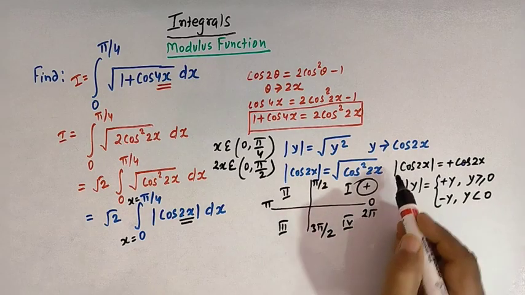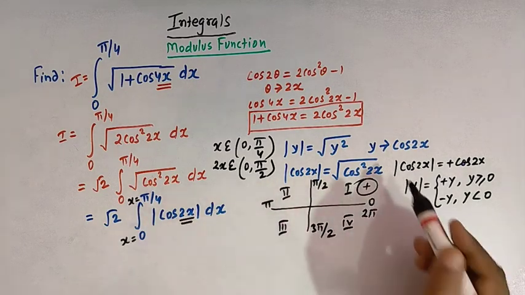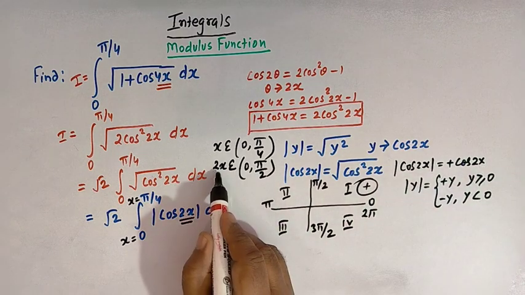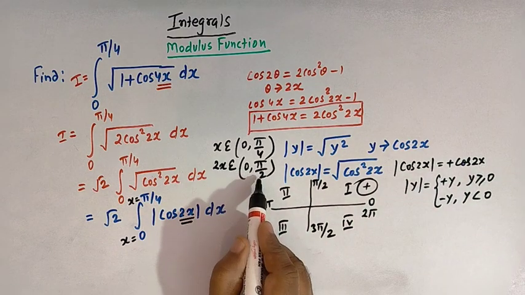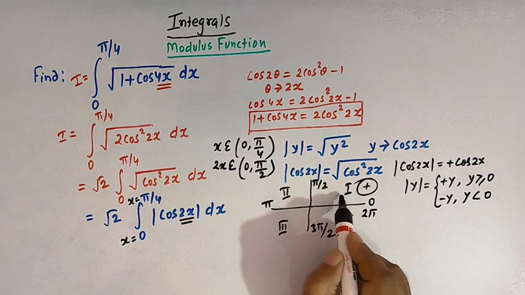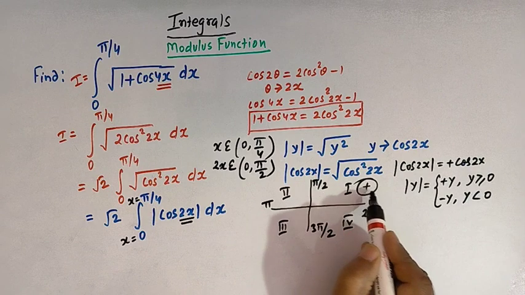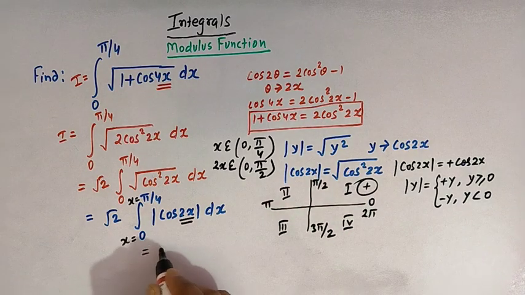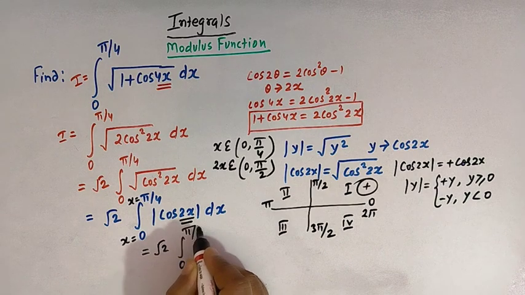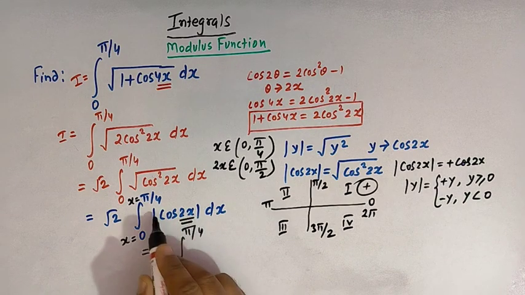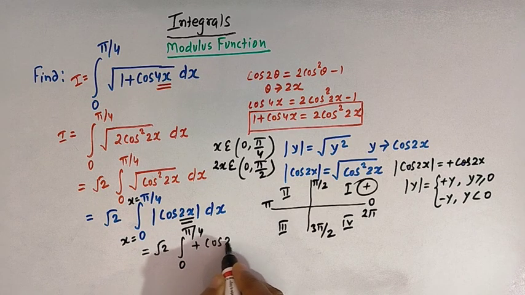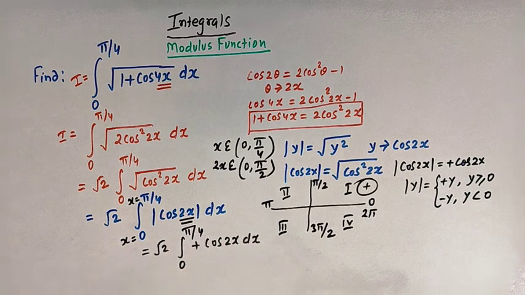So in this case, mod of cos 2x must be positive cos 2x, because 2x belongs to the interval 0 to pi by 2, which is the first quadrant, and in the first quadrant all the trigonometric functions are positive. So now we can write square root of 2, integral from 0 to pi by 4, and we can safely remove the mod sign and write plus cos 2x dx.